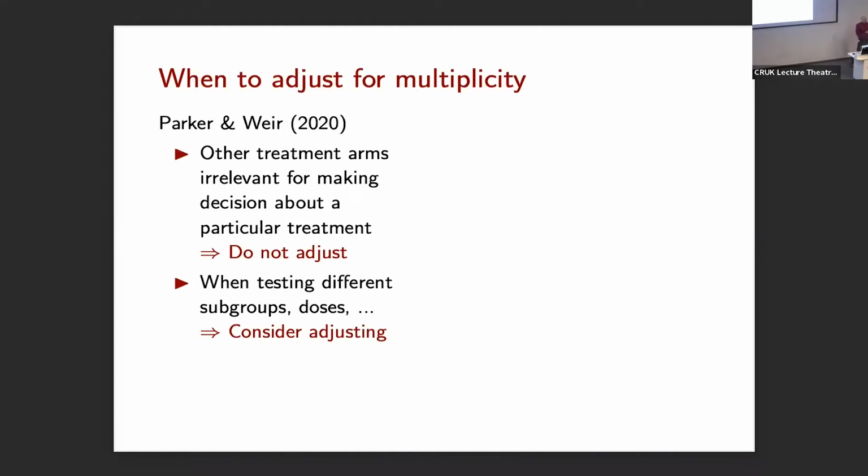And therefore, I don't need to worry about having multiple tests of different treatments, even if they come in the same study. If I have a situation where I'm testing different subgroups or testing different doses of an intervention, things might be different, and I might want to consider adjusting for multiplicity in this case.